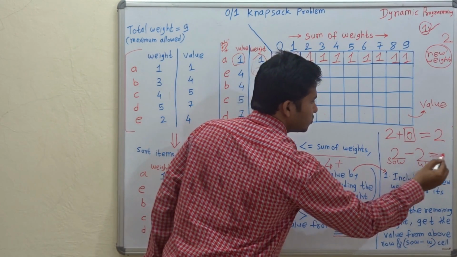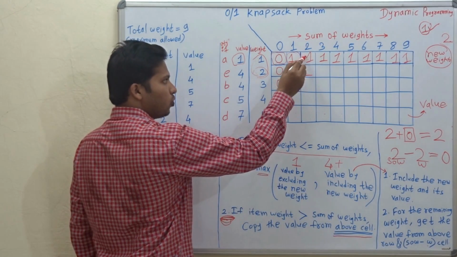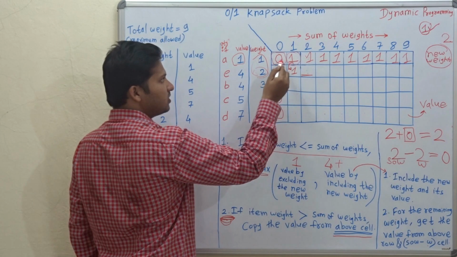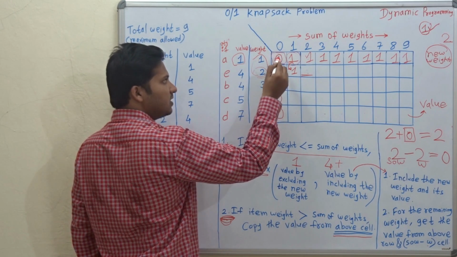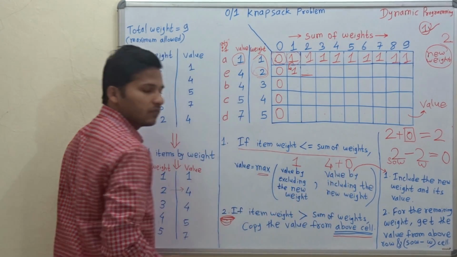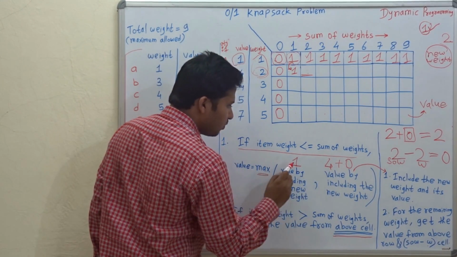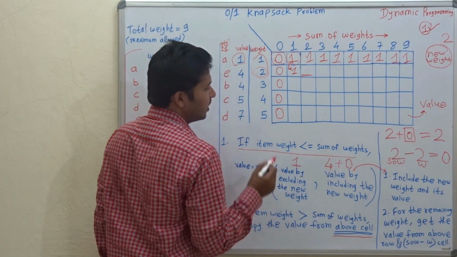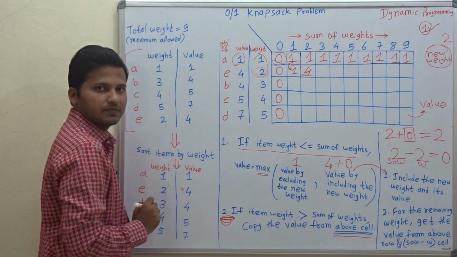So what is 2 minus 2? It is 0. Okay. So in the above row, go to the 0th cell. So what is the 0th cell? The value is 0. So 4 plus 0 is 4. What is the maximum of 1 and 4? It is 4. So I will write 4 here.